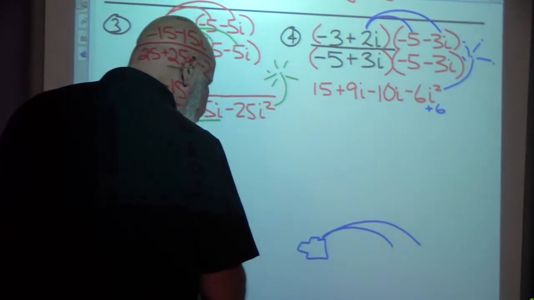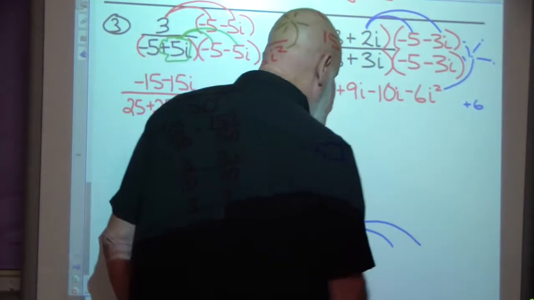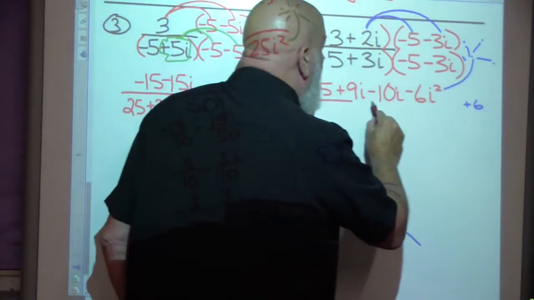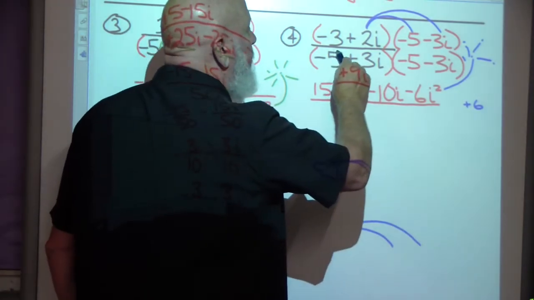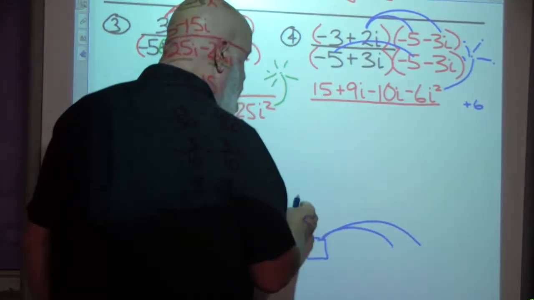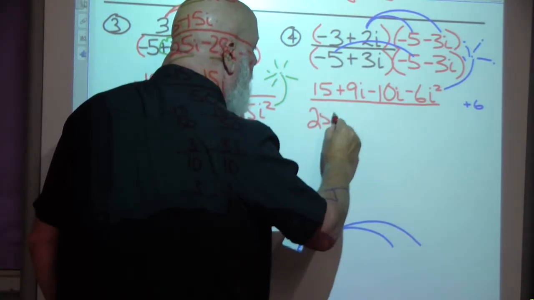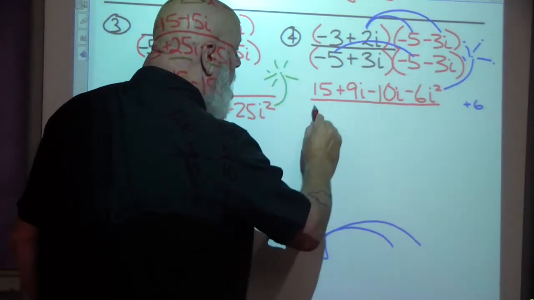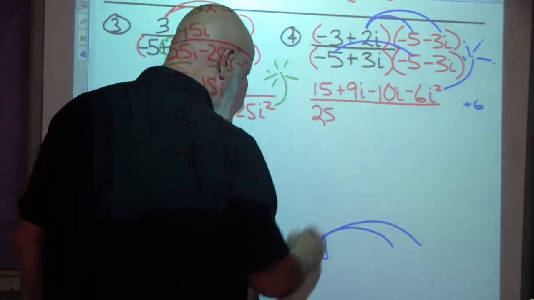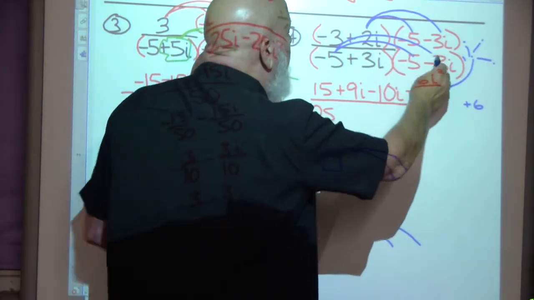And in the bottom of the fraction, I'm going to scooch this over a little bit. I'm going to have to FOIL as well. So I'm going to take negative 5 times negative 5, and that will give me positive 25. Then I'm going to take negative 5 times negative 3i.